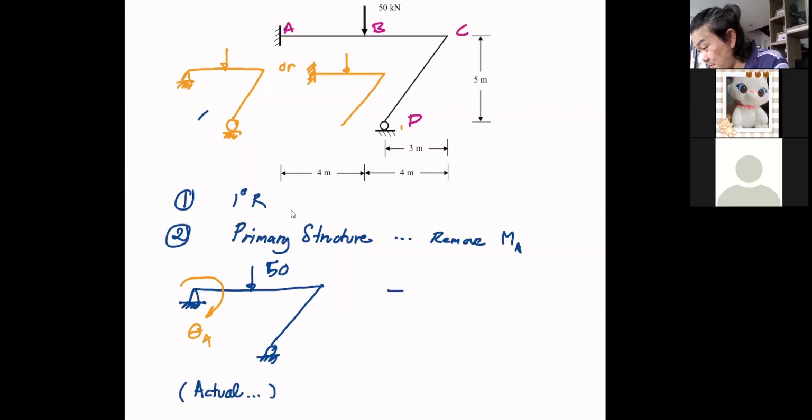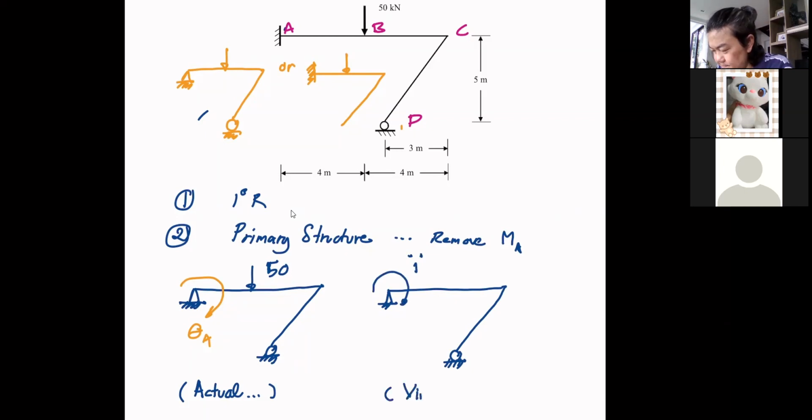And now this is another primary structure presented with the unit moment. Okay, this is the virtual case. Are there any questions so far? I hope not. So you better be careful with the reactions and so on.